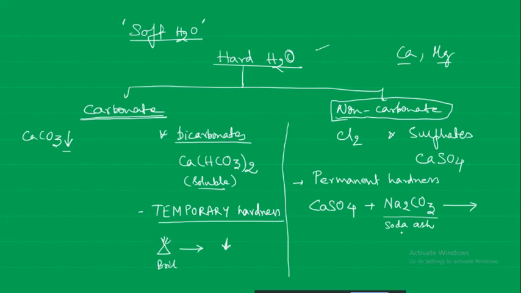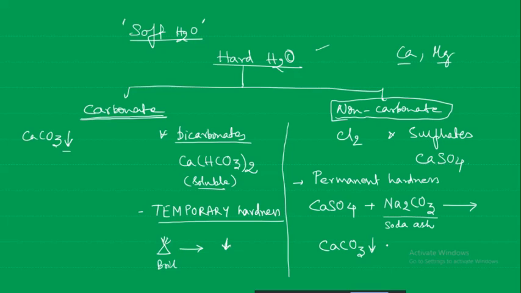Okay. So the molecular weight of soda ash and washing soda will be same or different? Different. Will be different, no? Because there 10 water molecules molecular weight you have to add in washing soda. Here you don't have to add. This is sodium carbonate anhydrous. So when we treat this calcium sulfate with sodium carbonate, we will get the calcium carbonate. Calcium carbonate will precipitate or it will be soluble?